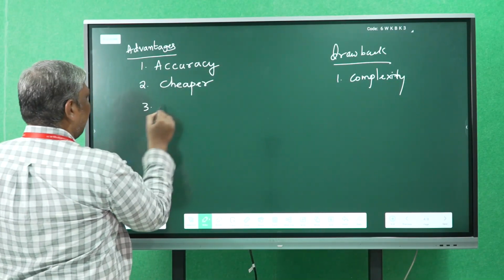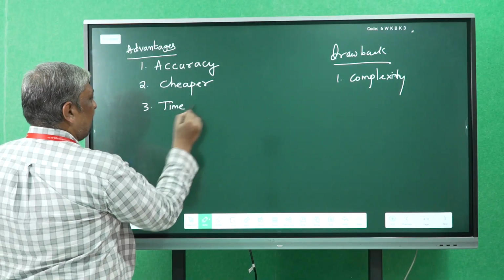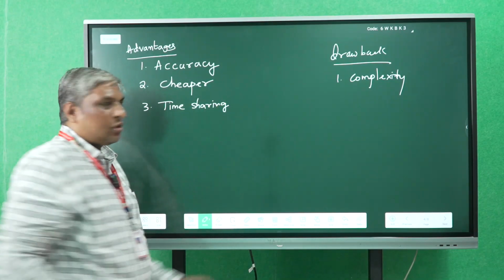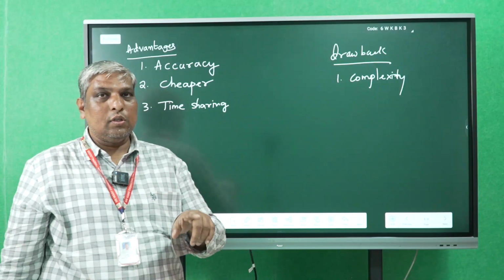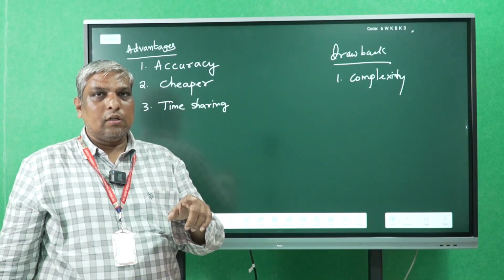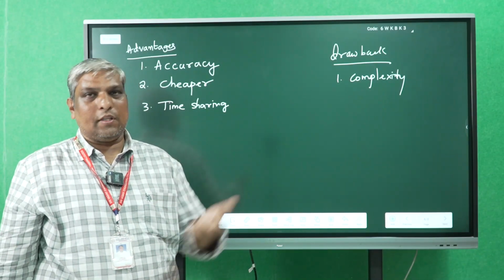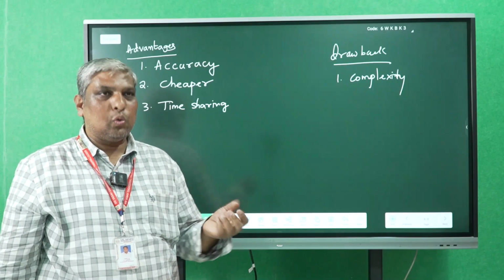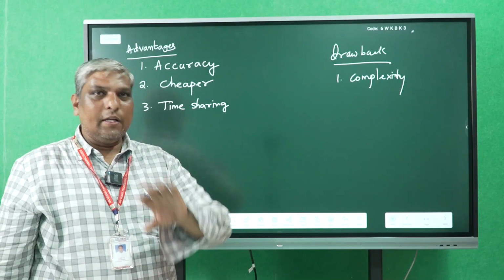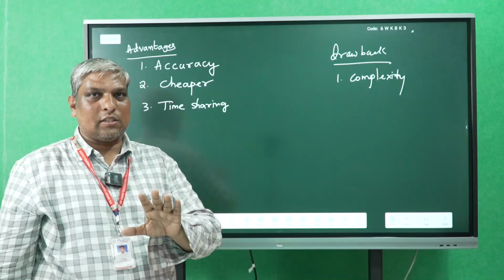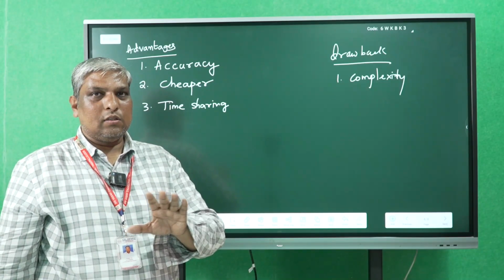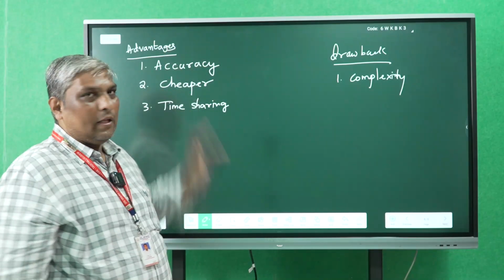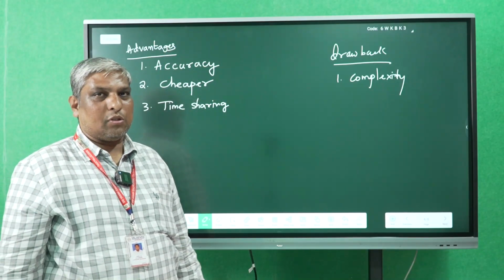And the third one, the major advantage, is time sharing. One processor is able to share a number of signals. That is, you apply many signals to a single processor device and it is able to share the signals. This mechanism is very helpful in digital signal processing.